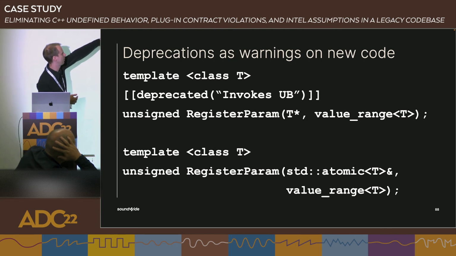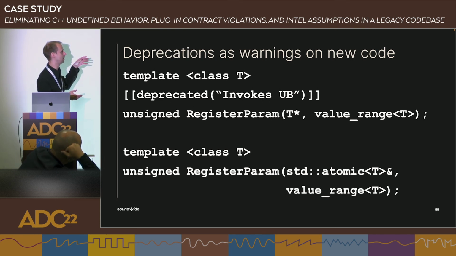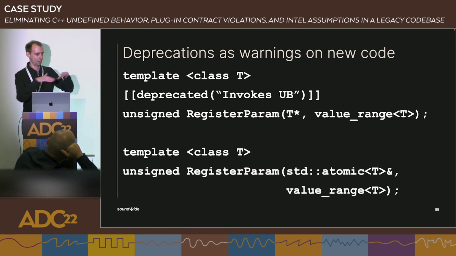Then we added this deprecated attribute to the old version that causes undefined behavior. Once we do that, any code that calls it will have a compiler warning that says you've used a deprecated function. Just by adding that deprecation attribute, we made it so that it'll fail to build if any new code adds that. That way we can make sure we're never going to use this again in new code, and then we can take our time to get rid of existing calls to this function.